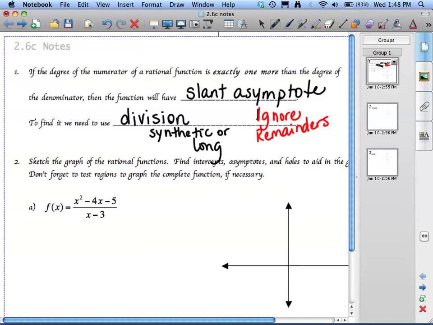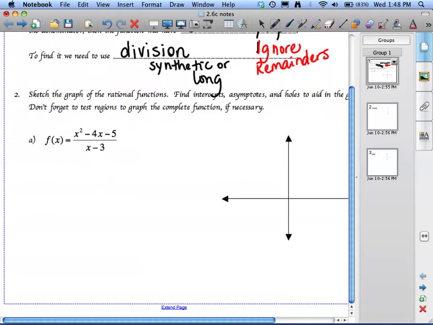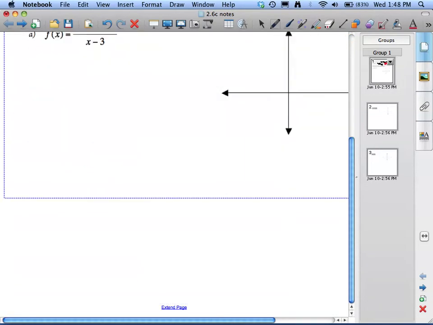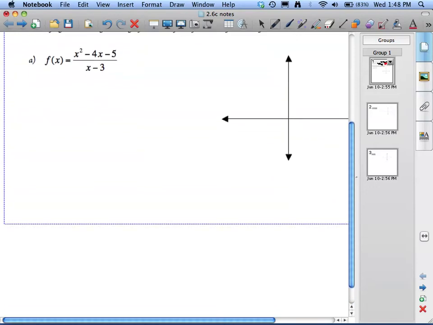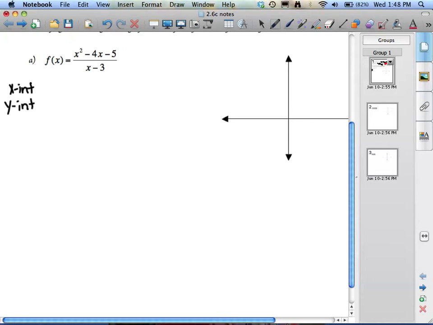So, let's do an example. Here is what I'm going to expect you to do on the quiz. You need to be able to find the x-intercept. I want you to find the y-intercept. You need to find vertical asymptotes, horizontal asymptotes, slant asymptotes, holes.